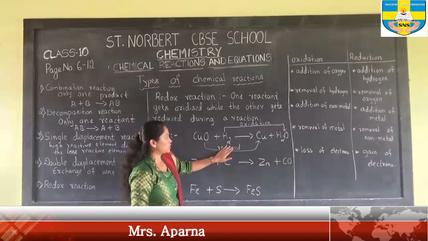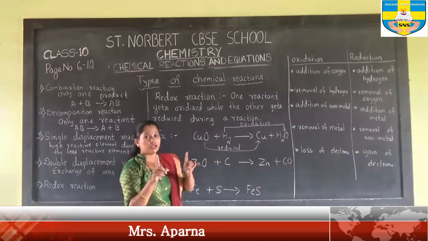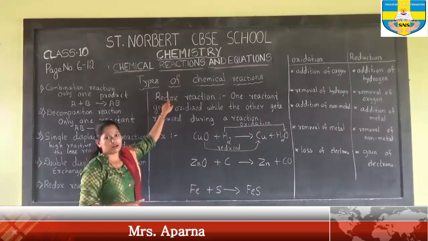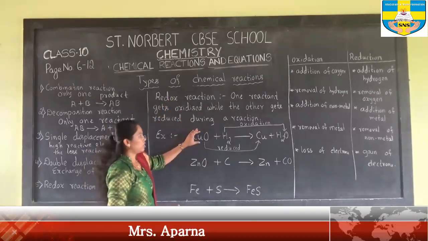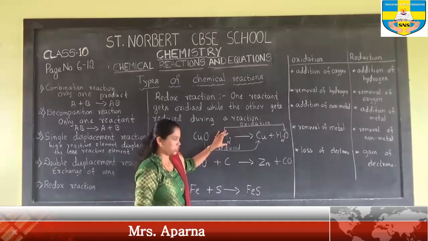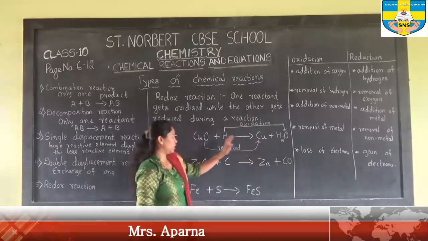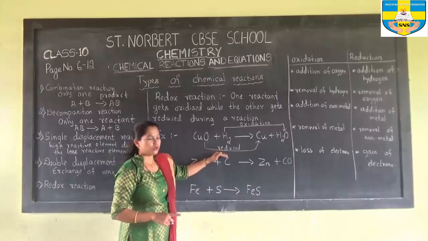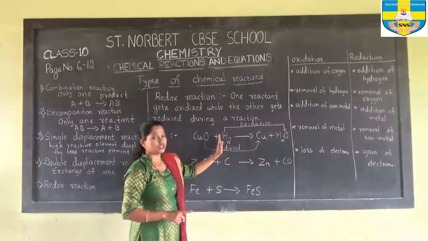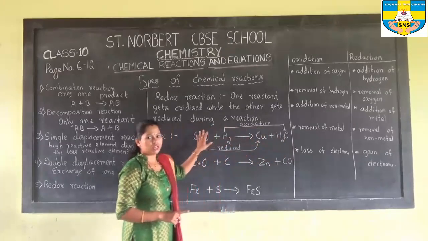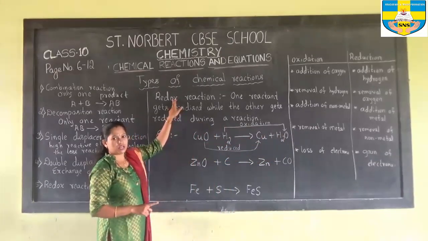So both oxidation and reduction take place in a single reaction, that comes under redox reaction. So in CuO plus H2 gives Cu plus H2O, here CuO is reduced to Cu, H2 is oxidized to H2O. So this is the example for the redox reaction.